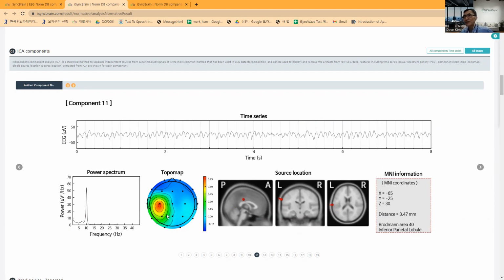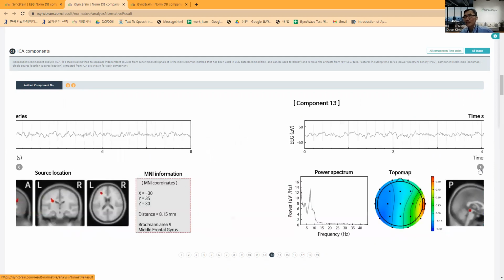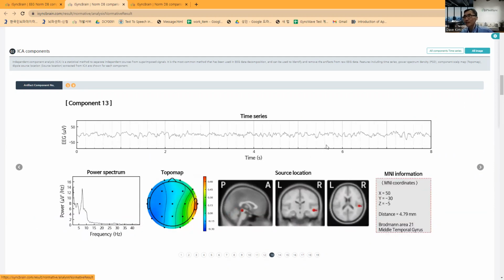Mu rhythm is a kind of idling rhythm in the center of the head, and usually blocks information processing from the back to the frontal area. The left mu rhythm blocks the logical information processing, and here there is another mu rhythm.